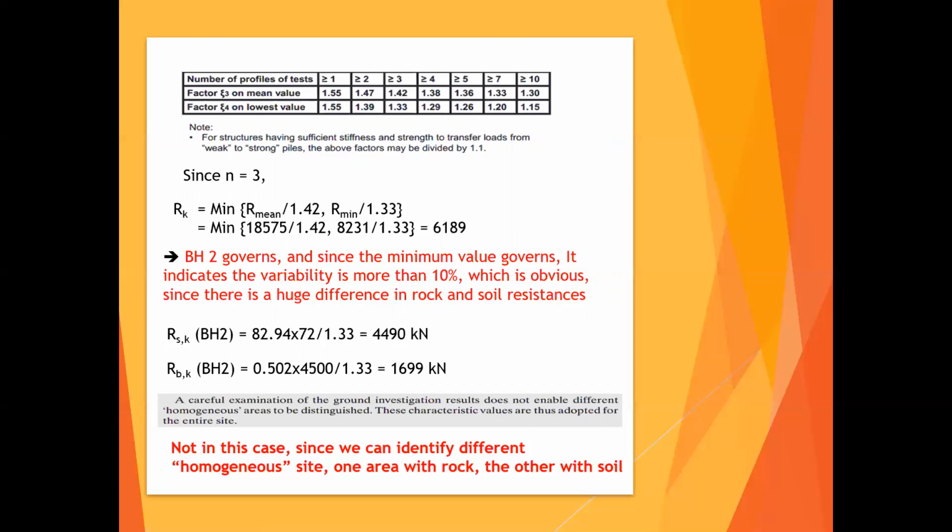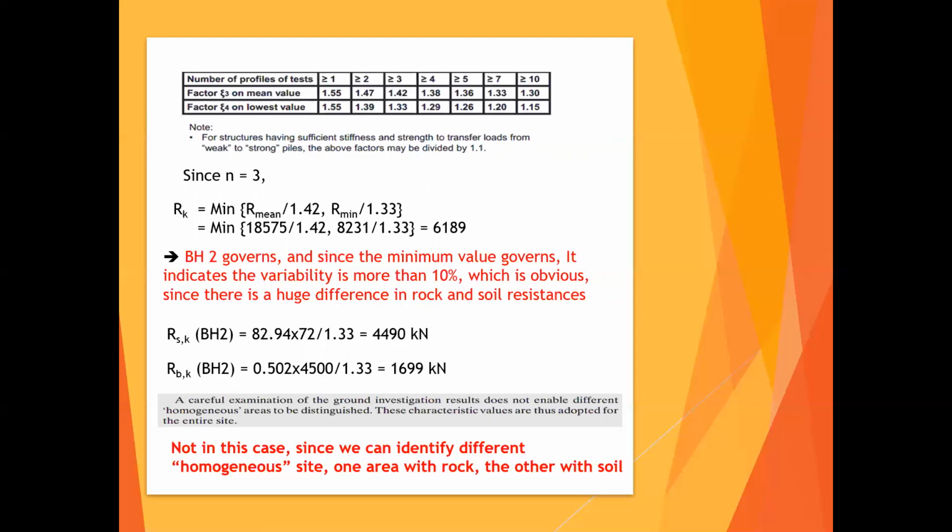You just look at the borehole itself, and you know it's going to have a huge difference. Then you calculate the characteristic shaft resistance from the overall characteristic resistance. You get a characteristic shaft resistance of 4490 and a base characteristic resistance of 1699.